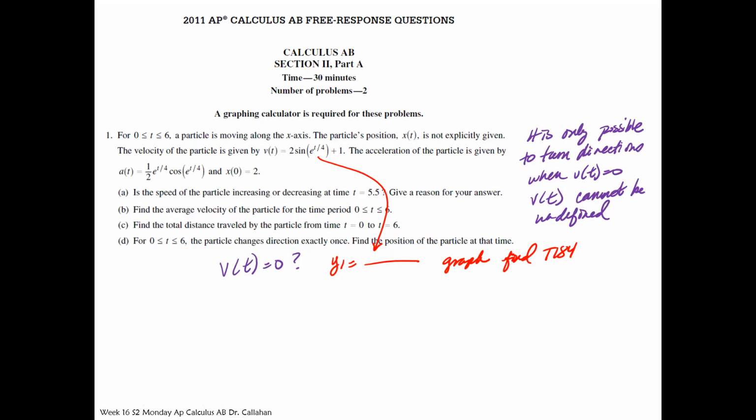Close your parenthesis, close your parenthesis. Plus 1. And we'll go ahead and graph this. Okay, so what it's asking is, what is t equal to when y equals 0? So when you look at your graph here, you can trace it over to that.